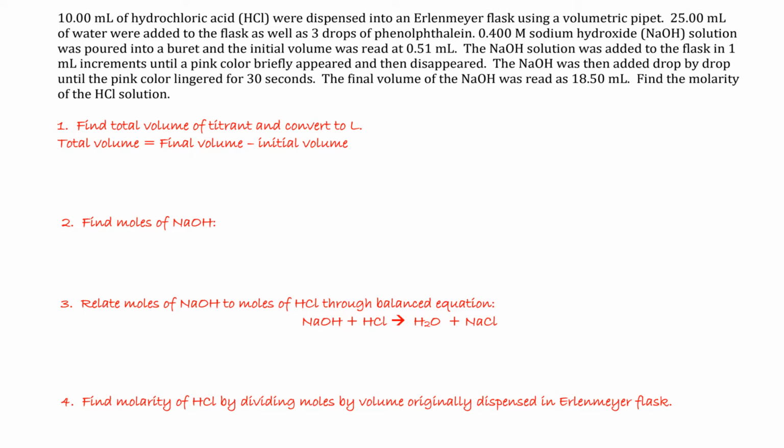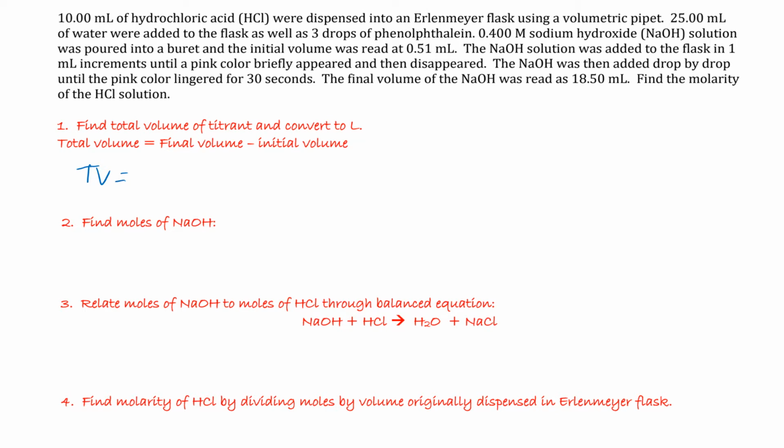So here you have the 4 steps to finding it. First, you have to find the volume of the titrant and then convert that to liters. So you have your total volume, which is your final volume minus your initial volume.